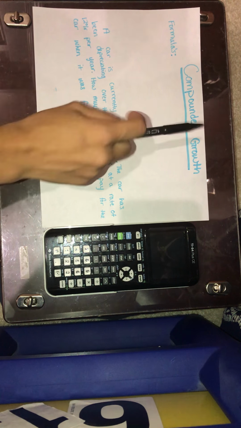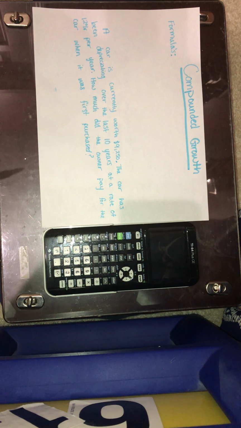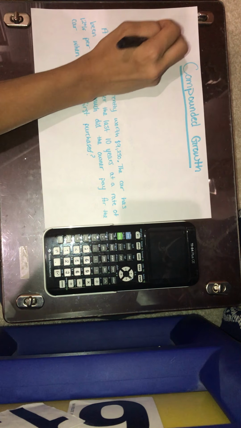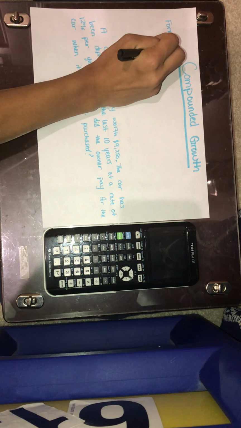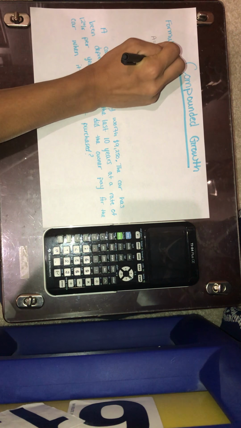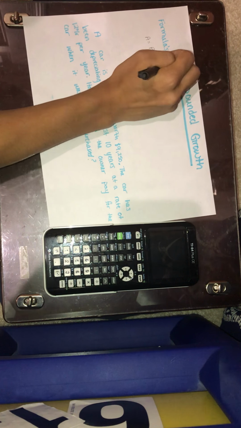Okay, so this is compounded growth. It's a relatively simple unit. Pretty much you only need to know three formulas. So the first one is A equals P(1 plus or minus r)^t.